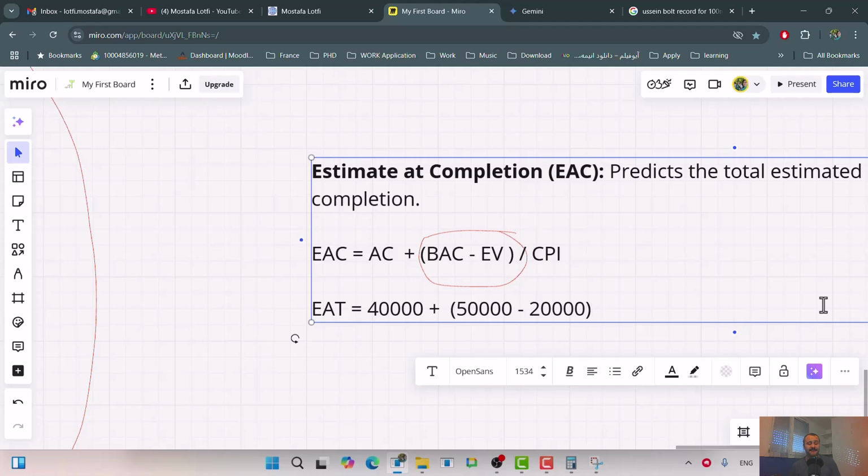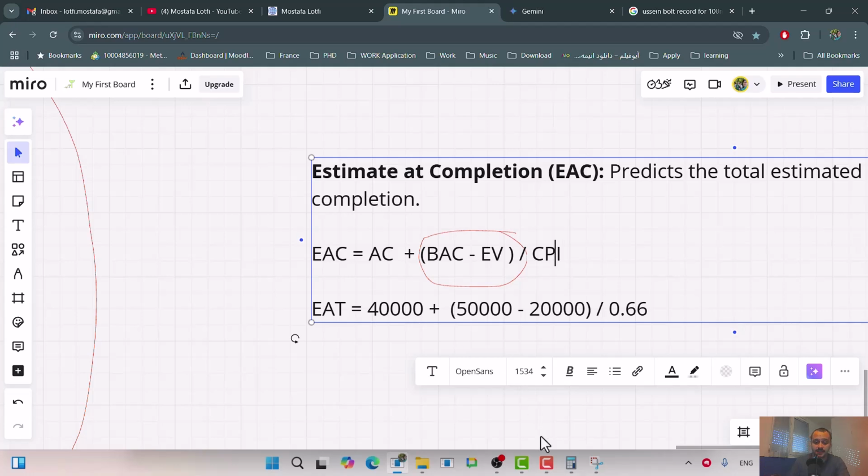But it's very optimistic. But when you include the CPI in this formula, CPI was 66%, right? Basically what you are doing is, if our cost performance index so far is 66%, at least it's more logical that I assume that for the rest of the project also I'm going to have similar CPI, right?